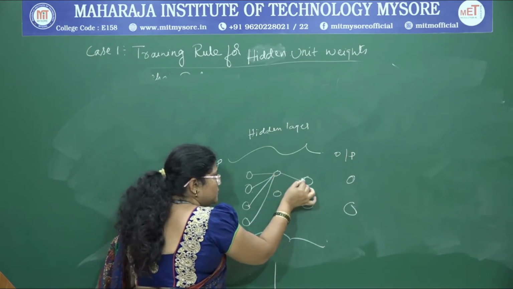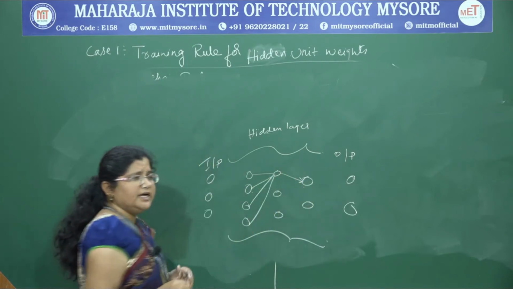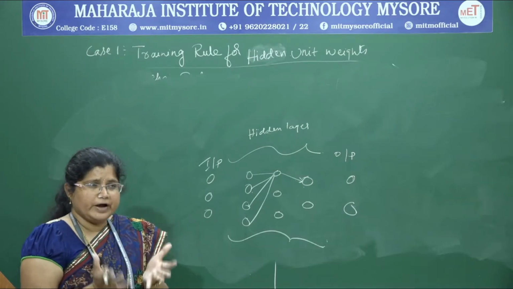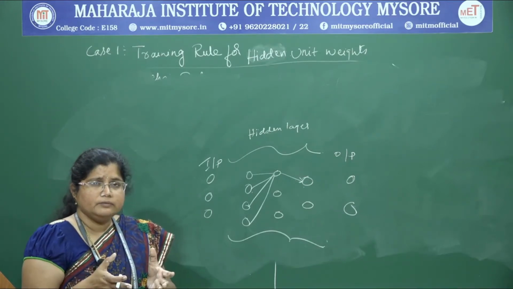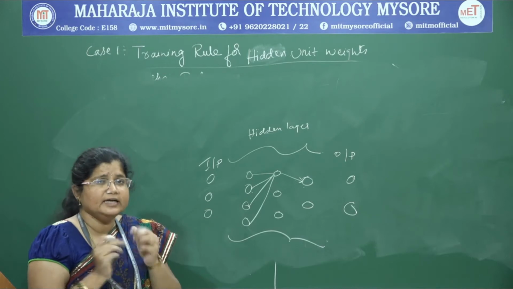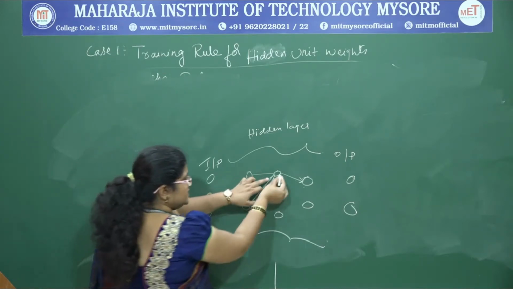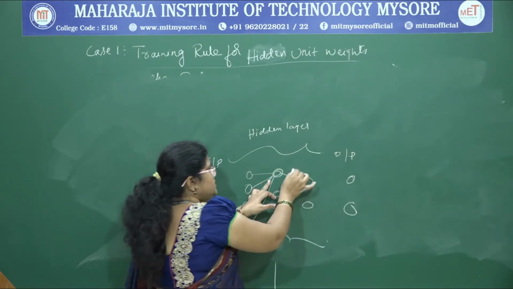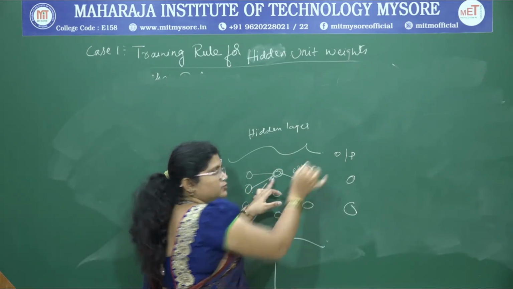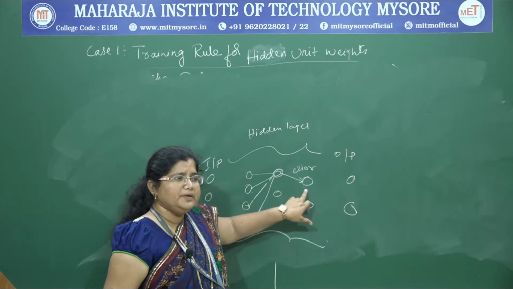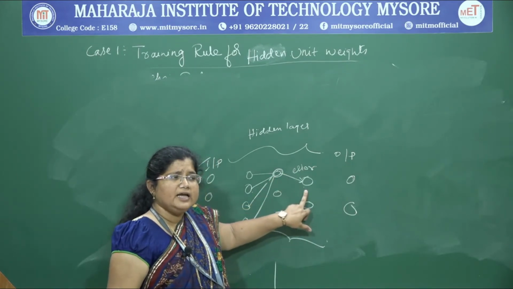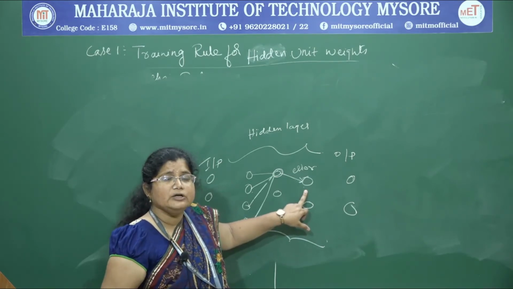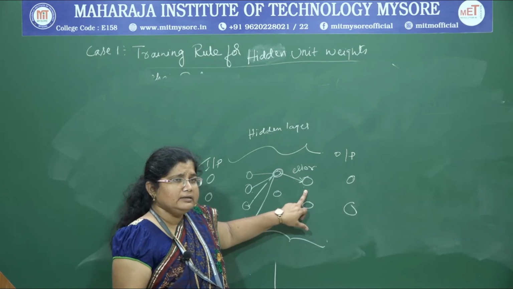When an output is computed by this hidden layer, what happens? We are trying to find out the error which is present inside the hidden layer itself. If this is one unit, we are producing the error output, and that output in turn acts like an input to the next unit of a hidden layer.